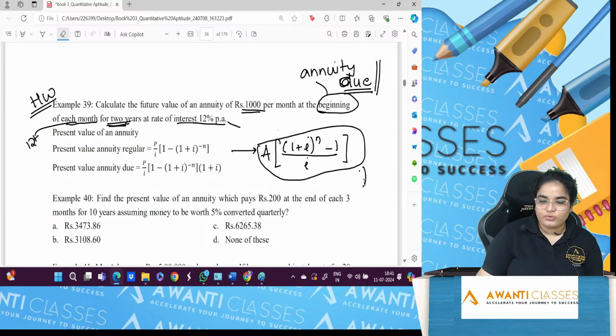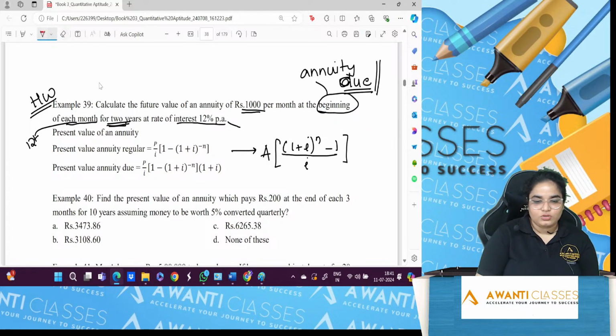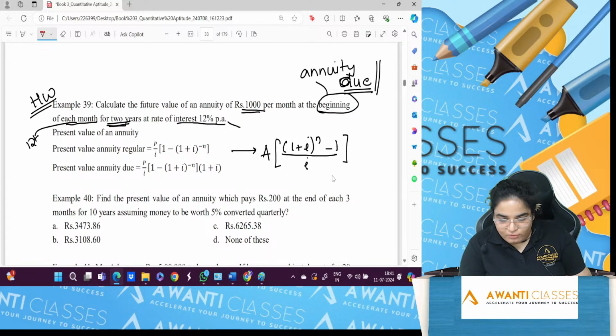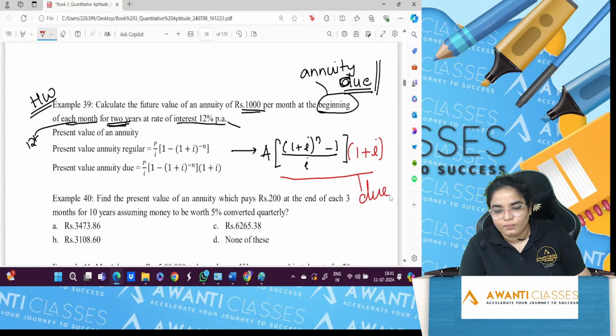So can we do this question for homework today? If you simply multiply this formula into 1 plus I, it will become annuity due. If only this part, that will be annuity regular.